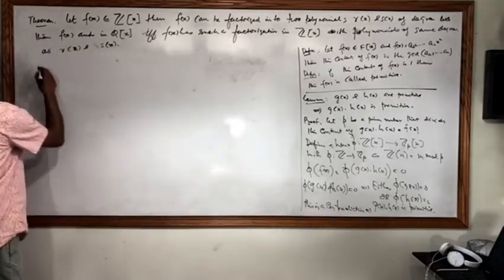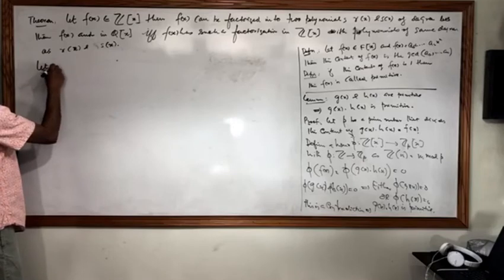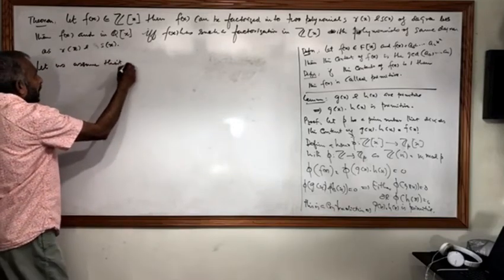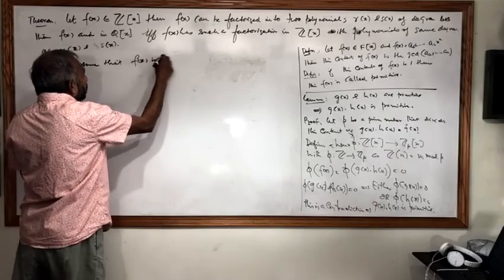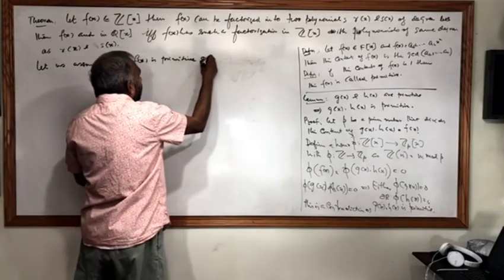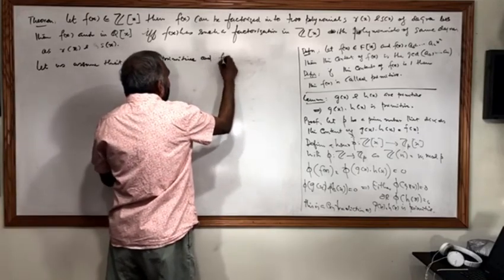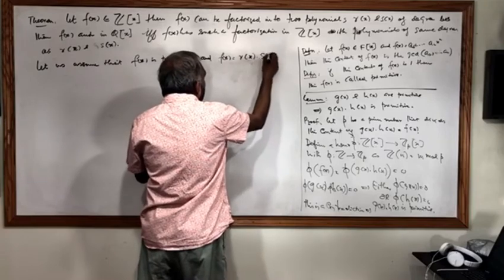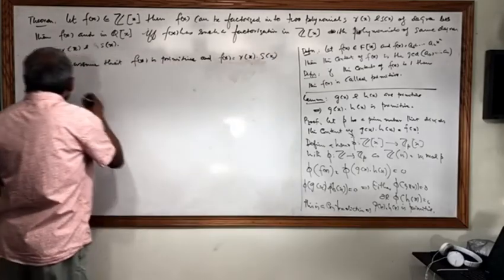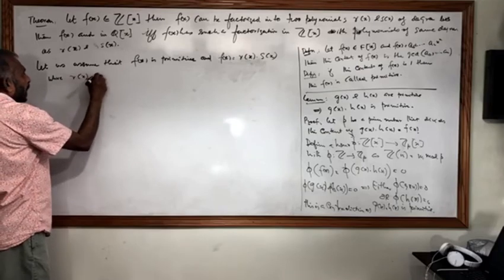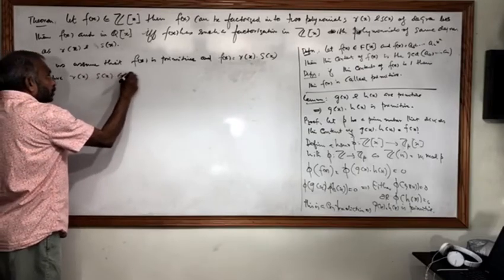So let us assume that f of x is primitive, and f of x is equal to r of x times s of x, where r of x and s of x belong to Q of x.